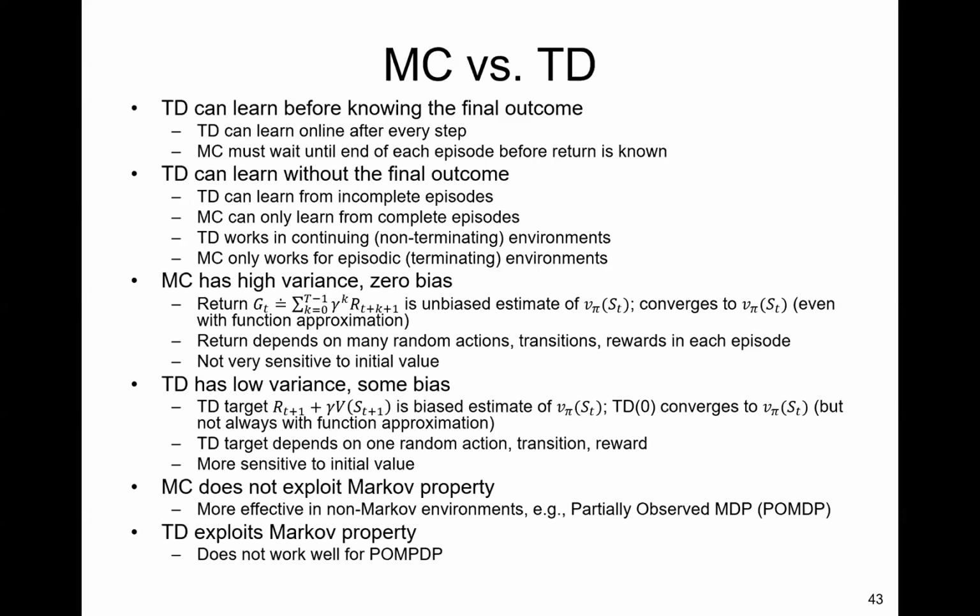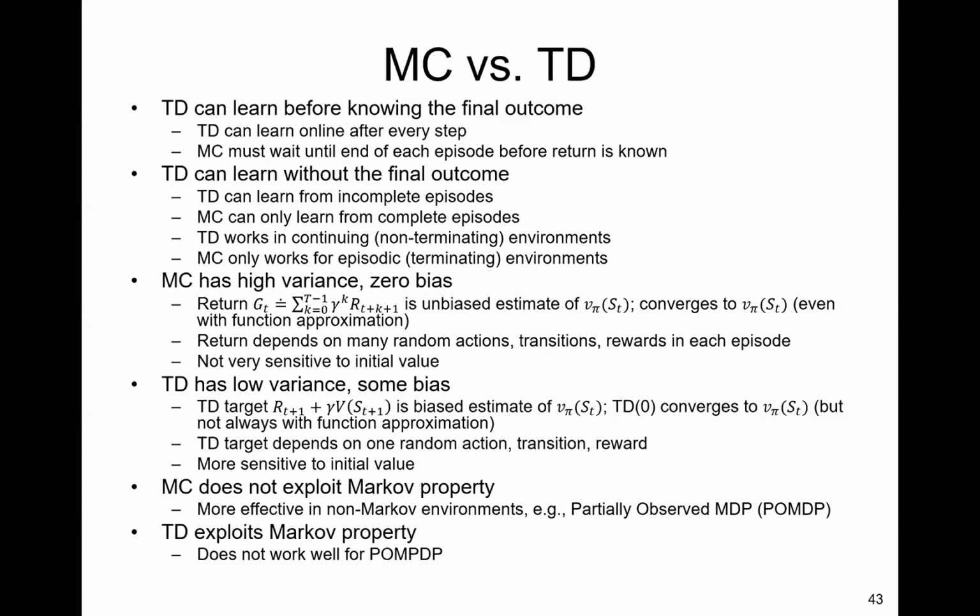It's not sensitive to the initial value, but TD has low variance because it's a one-step estimate as opposed to many steps for Monte Carlo. It has some bias. The target is the reward plus the next state value multiplied by a discount factor gamma.